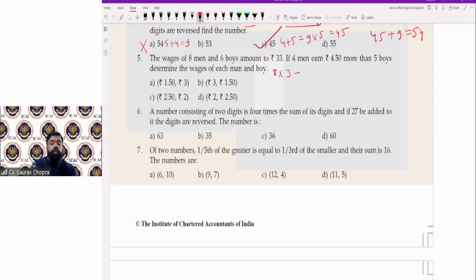8 into 3 plus 6 into 1.5: 24 plus 9 is 33. Yes, verified. First relationship is verified. Now, if 4 men earn 4.5 more than 5 boys, determine the wages of each man and boy.